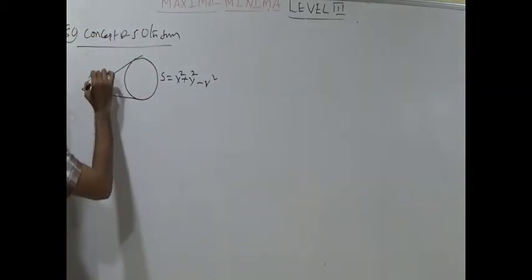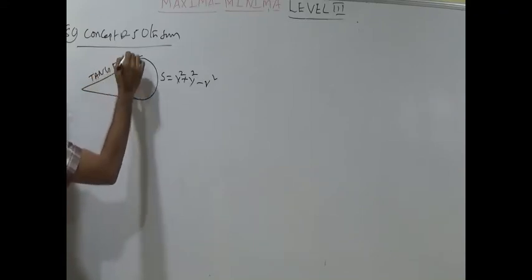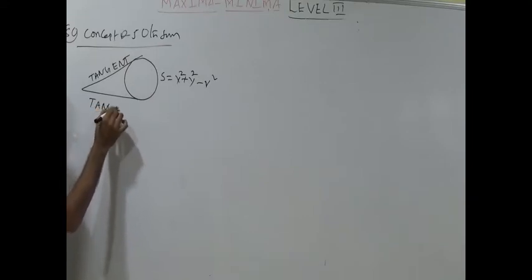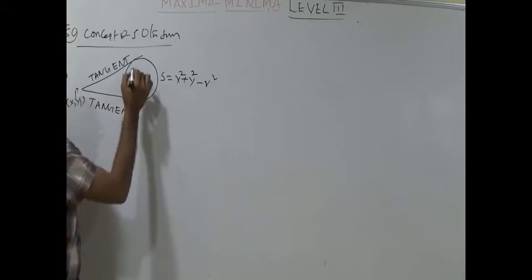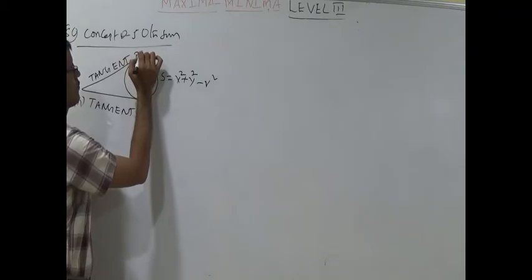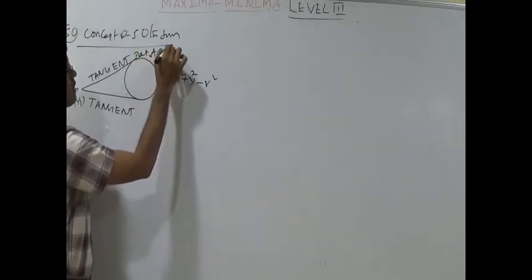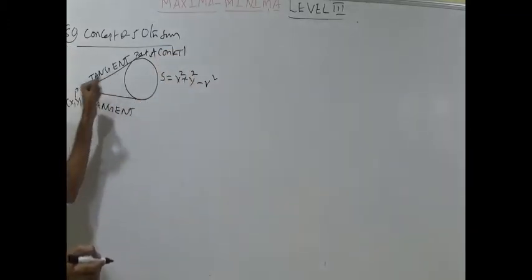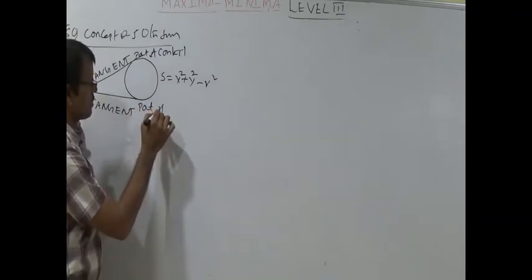This is a tangent. We can draw two tangents to the circle from an external point. Let this is P(x1, y1). We know that this is a point of contact. Where the tangent meets the point on the circle is called as a point of contact.